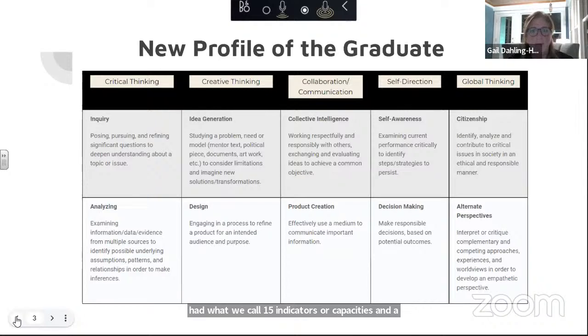So out of that committee, we really took a look at what we wanted students to be able to do. And we did a lot of changing to that piece in order to make sure that vision was really becoming embedded into every curriculum unit that we write.